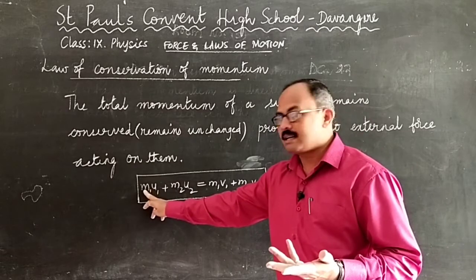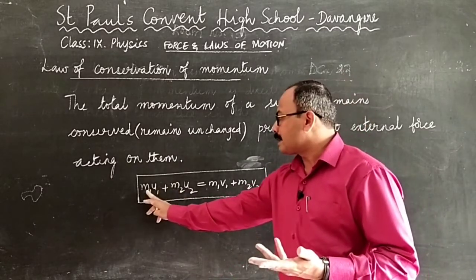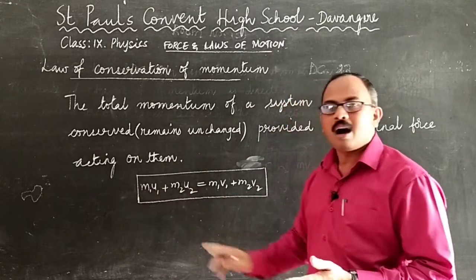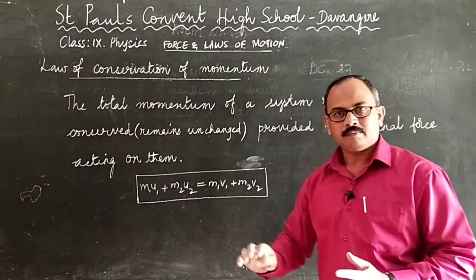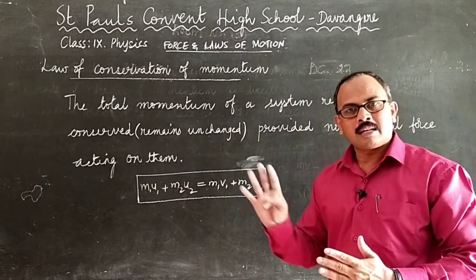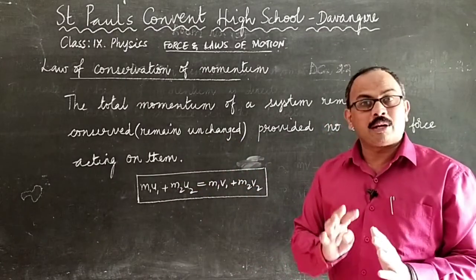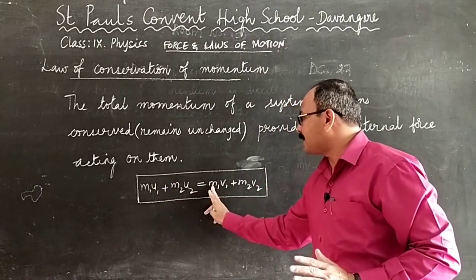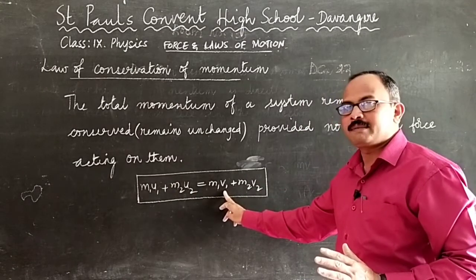Therefore, truck mass 1, car mass 2. The truck moves with initial velocity u1. The car moves with initial velocity u2 before collision. The truck comes and collides with the car. After collision, the mass of these two vehicles will be the same, but the velocity changes. The mass of the truck remains same, but the velocity changes to v1, the final velocity of the truck.